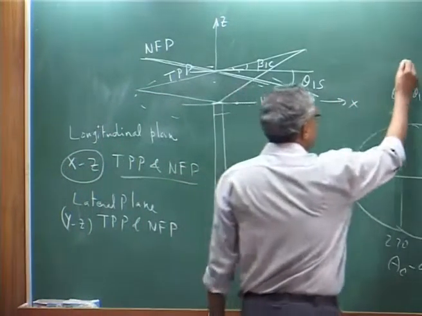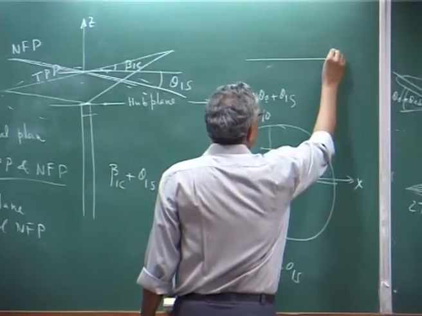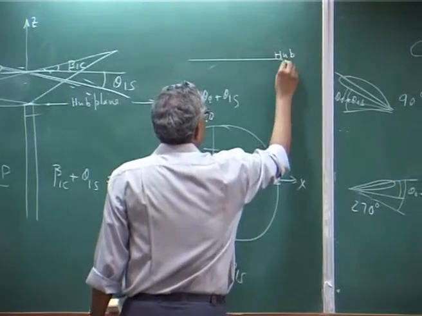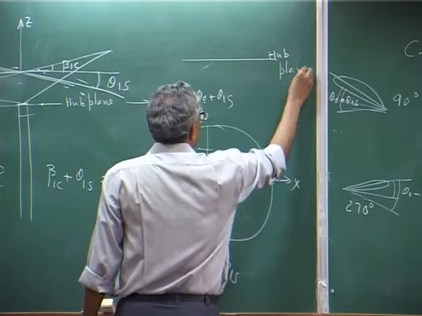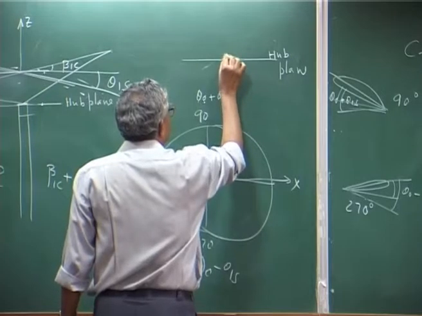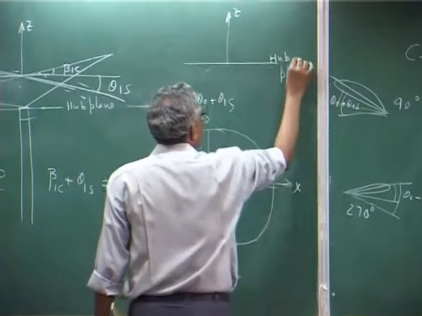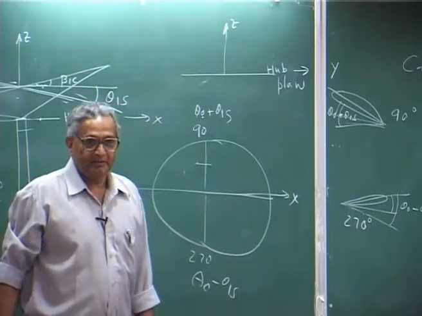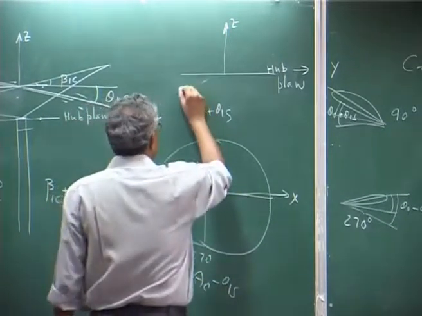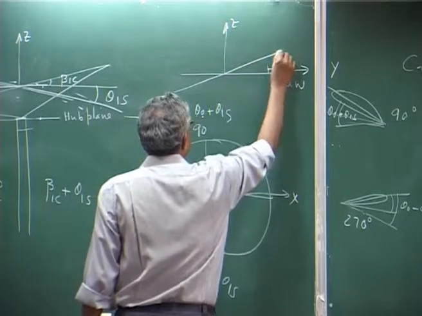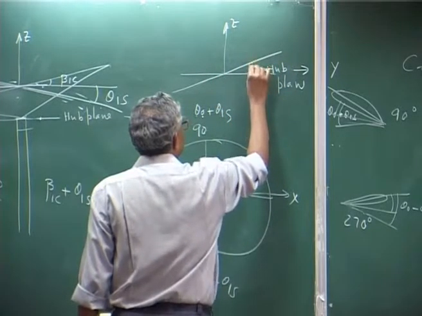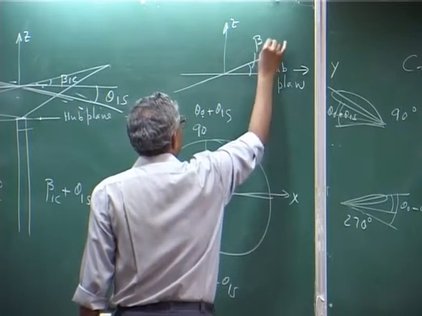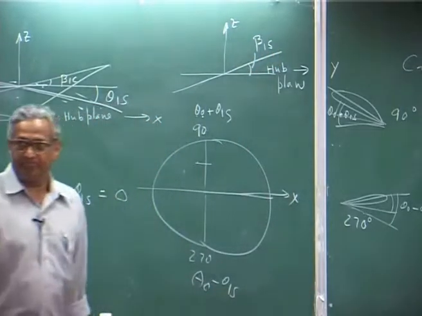If you look at the yz plane, this is my hub plane, and this is the z axis, and this is my y direction. Okay, this will be beta 1s. This is beta 1s.